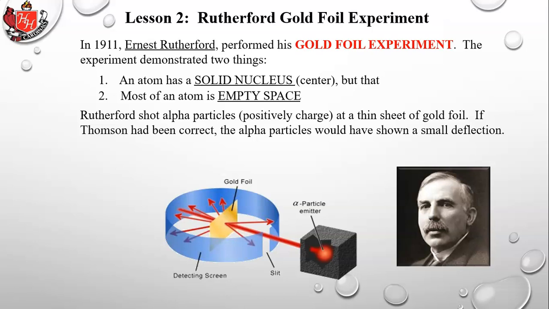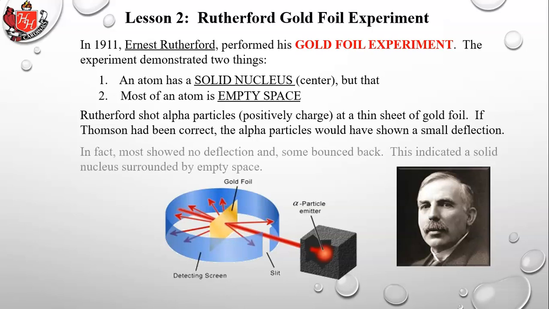If Thomson had been correct, the alpha particles would have shown a small deflection, because that sheet of gold would have been essentially one continuous positive charge, and these alpha particles would have just gone through it. In fact, most showed no deflection, and some actually bounced back. This indicated that there was a solid nucleus surrounded by empty space.